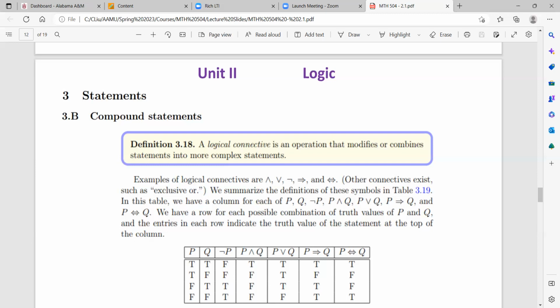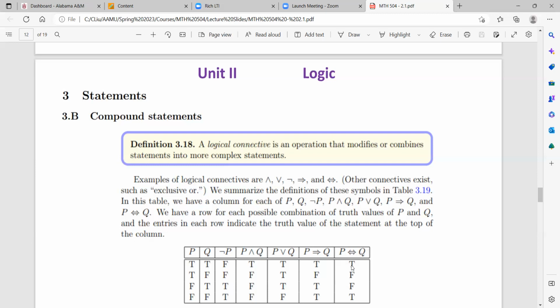The last row, both P and Q are false. Negation of P is true. P and Q is false. P or Q is false. P implies Q is true. Whenever P is false, then it really doesn't matter; P implies Q will always be true.